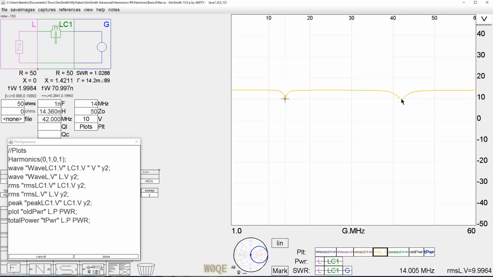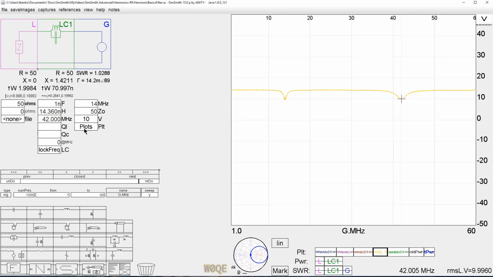But I also see another one up here. And what's going on up here? Well, up here I have a 42 megahertz fundamental frequency and a 126 megahertz third harmonic. Well, this filter still works, so instead of the harmonic, it's trapping the fundamental frequency. So what we do when we create this harmonic command, it applies to exactly what the generator is doing.